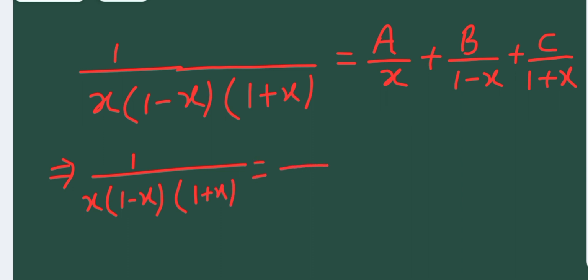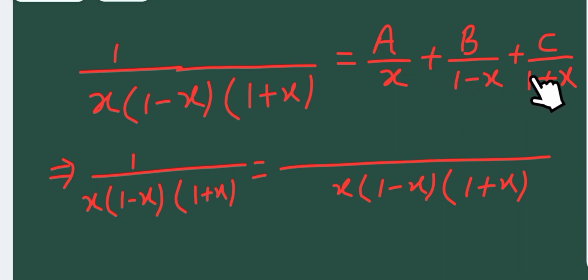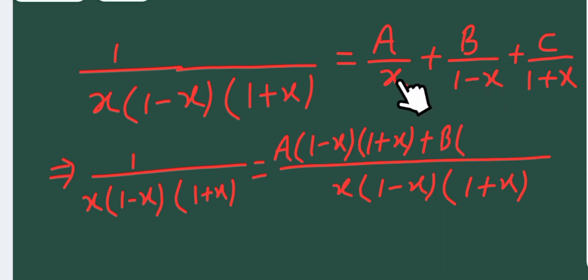On the right side, the LCM will be x into 1 minus x into 1 plus x, and the numerator will be a into 1 minus x into 1 plus x, plus b into x into 1 plus x, since b is over 1 minus x so the other two get multiplied, and similarly plus c into x into 1 minus x.